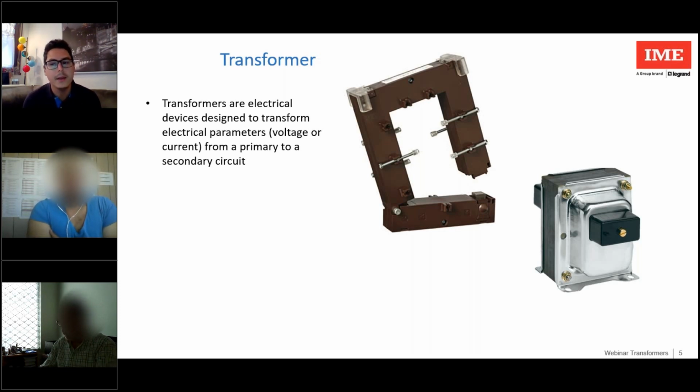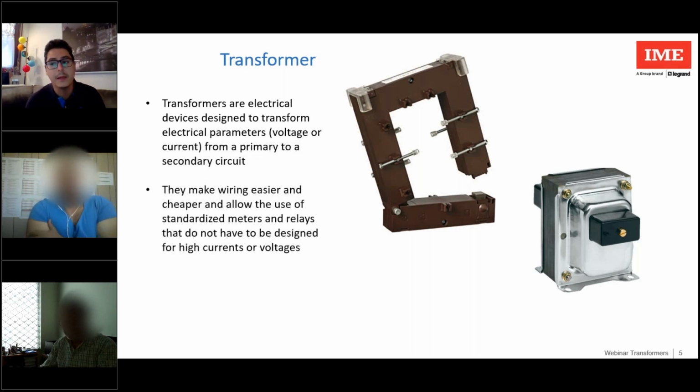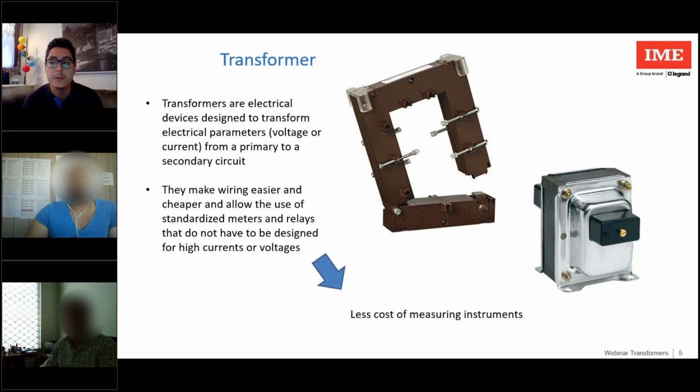They make wiring easier and cheaper and allow the use of standard meters and relays that do not have to be designed for high currents or voltages. So also a reduction of the cost of the measuring instrument.